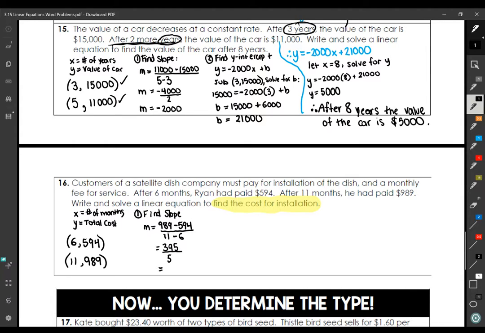And that gives us 79. So our rate of change is 79.